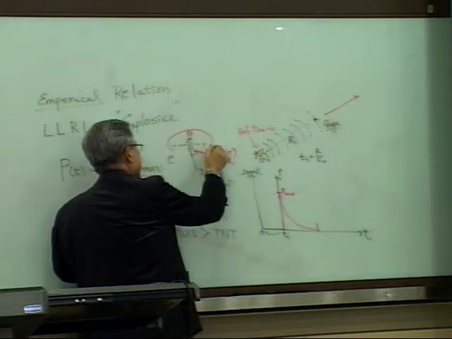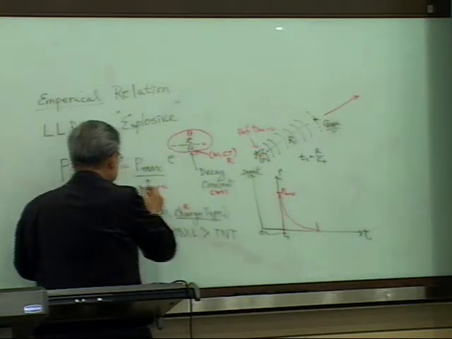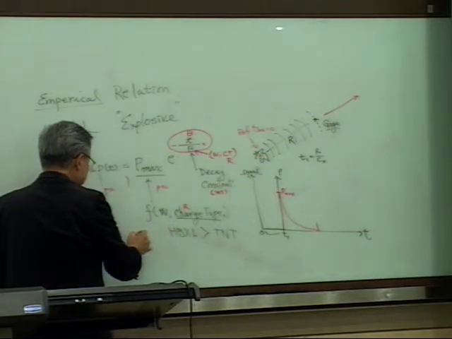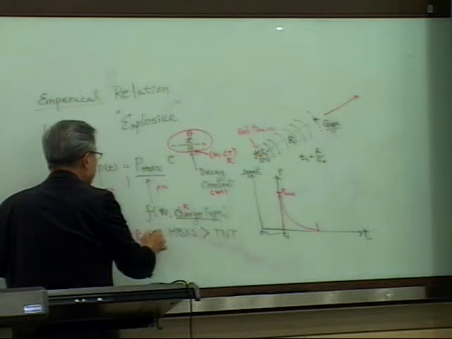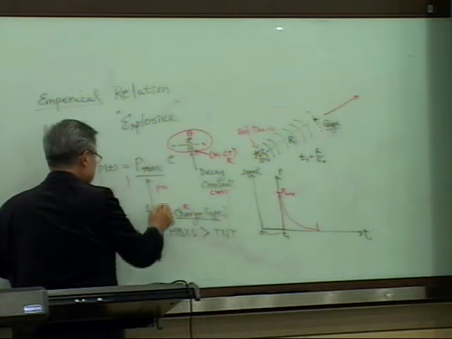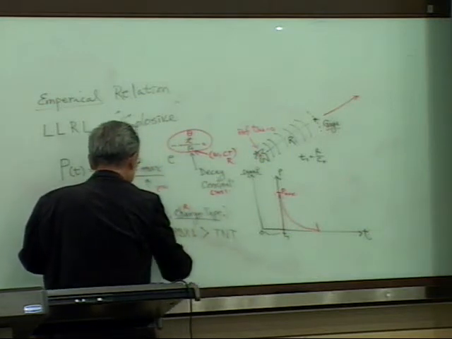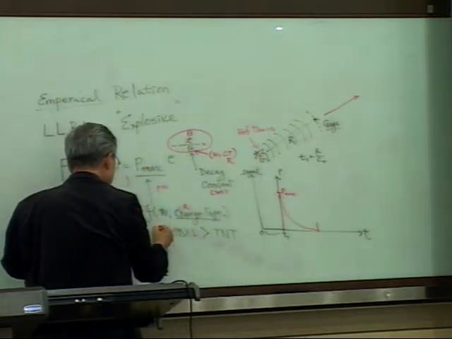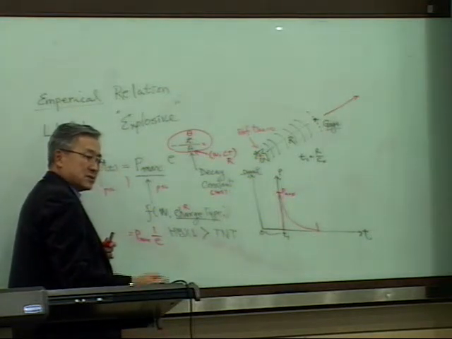This is what? -1, right? So if I put here P max, 1 over E. Can I do that, right? What's the E value?